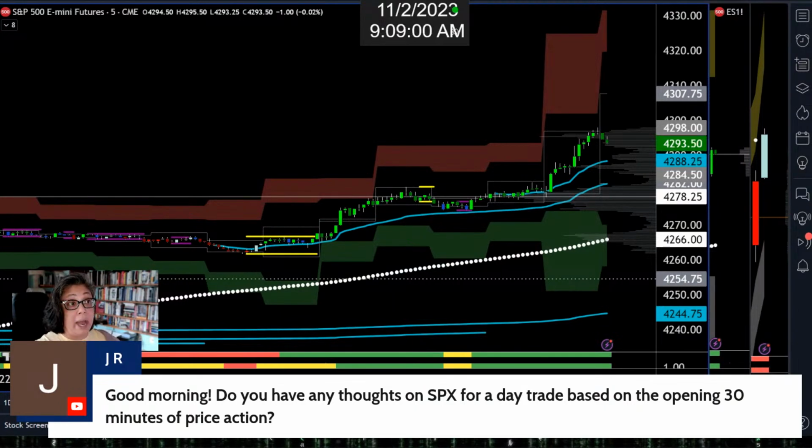So do I have any thoughts on it? Yeah, I like to do it. I will find a few ranges to focus on. One, are we above or below the previous session close? We are clearly above it. Two, I take a reading I call the Pingala from the first 5 minutes of price action, and that gives me a pretty nice level from which I can gauge very, very near-term bullishness or bearishness.